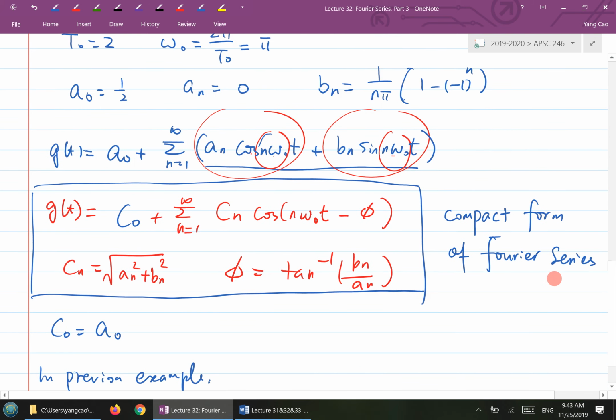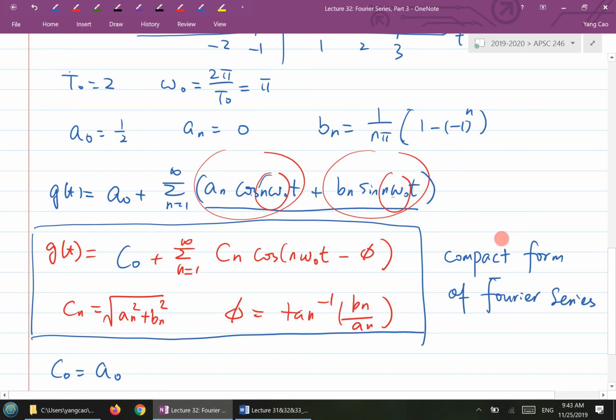Let's take a look at this Bn. The Bn value depends on the value of n. I think in the previous lecture we summarized that when n is an odd number, so 1 or 3 or 5, (-1) to the odd is -1. Then 1 minus -1 is 2.